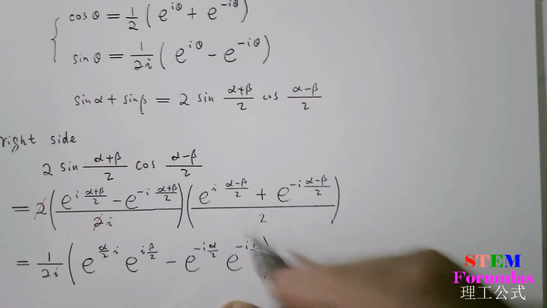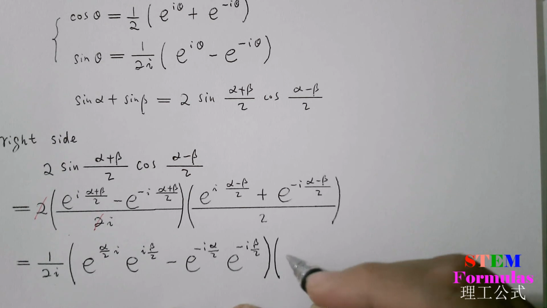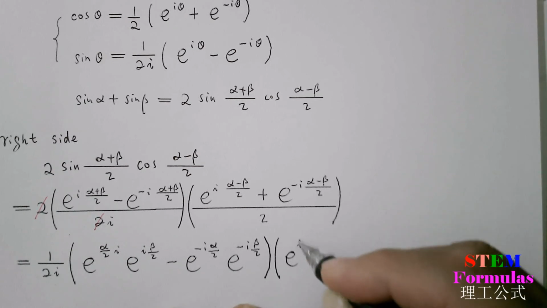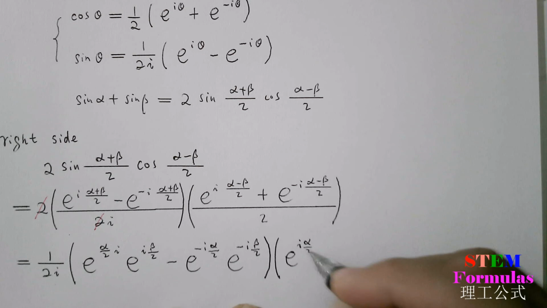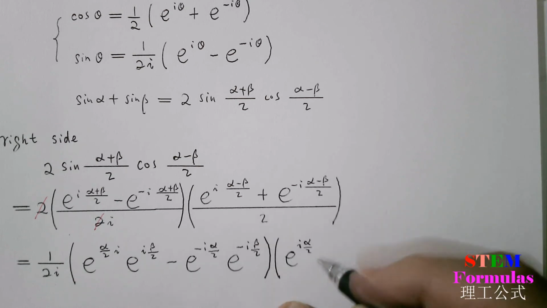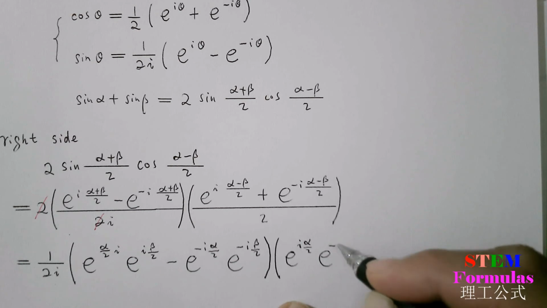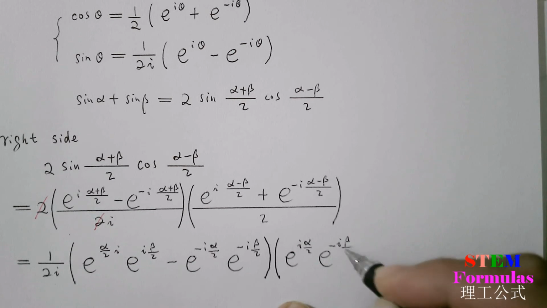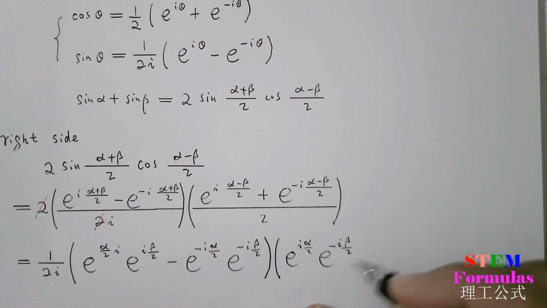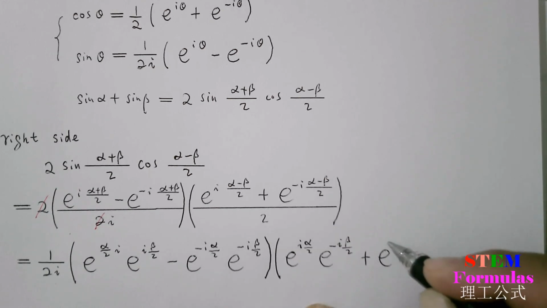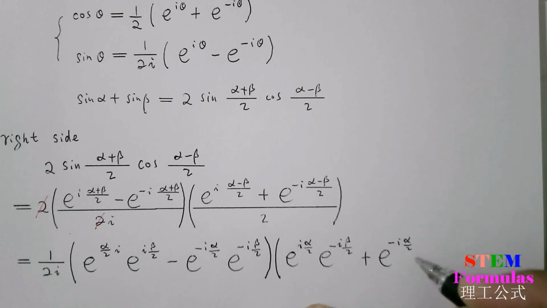Now this term, e to the I alpha divided by 2 and e to the minus I beta divided by 2, and here's plus e to the minus I alpha divided by 2 times e to the plus I beta divided by 2.